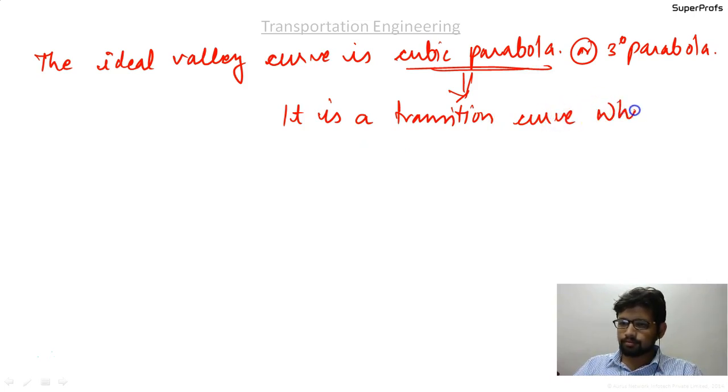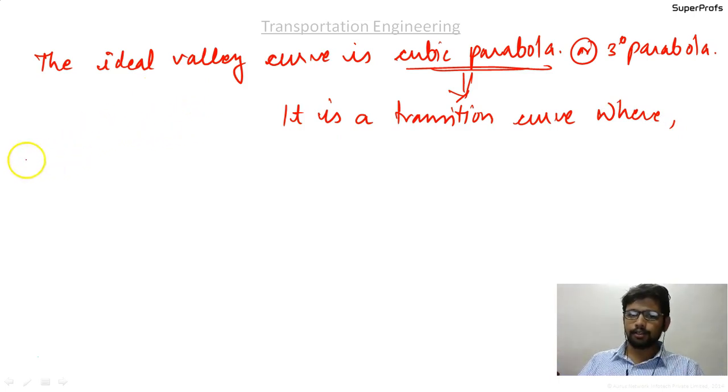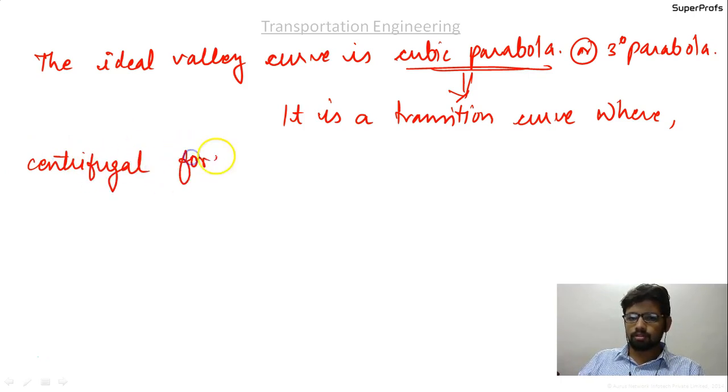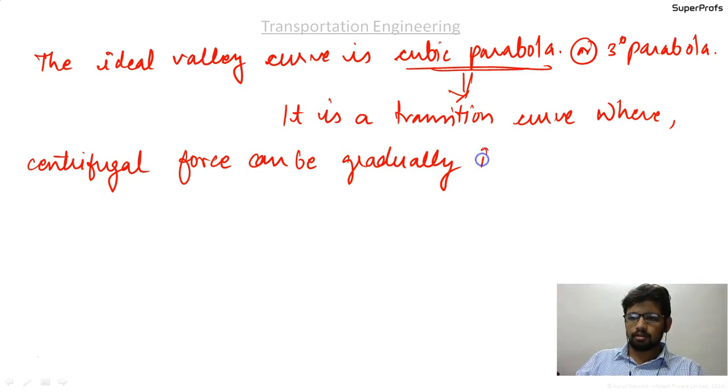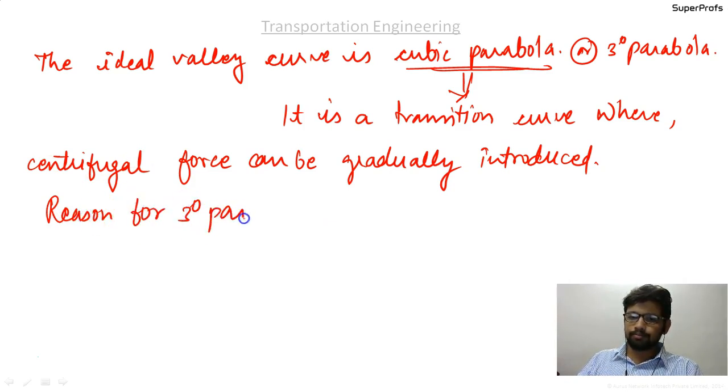where centrifugal force can be gradually introduced. So the reason for 3-degree parabola, please write down the reason for 3-degree parabola.